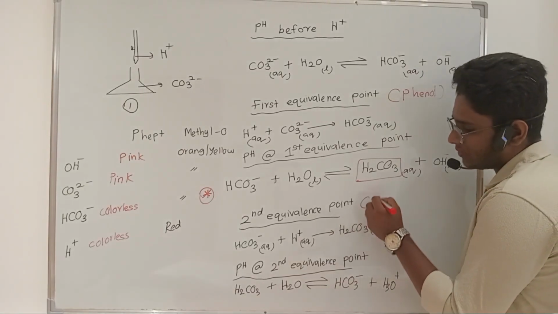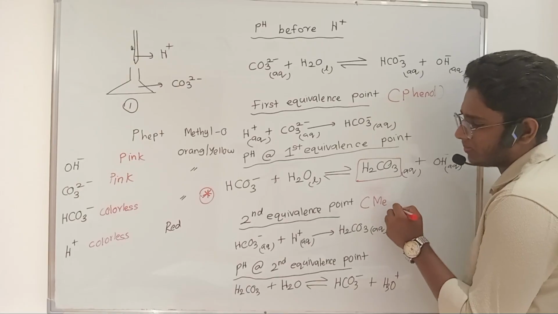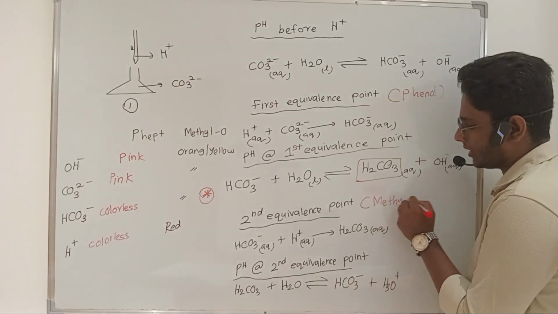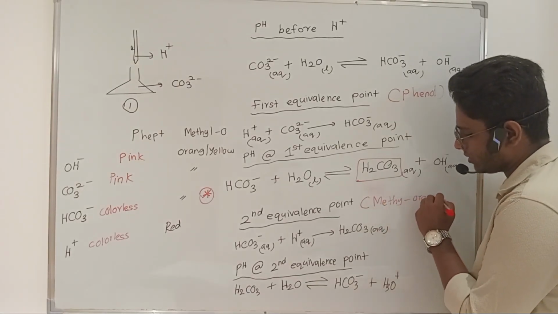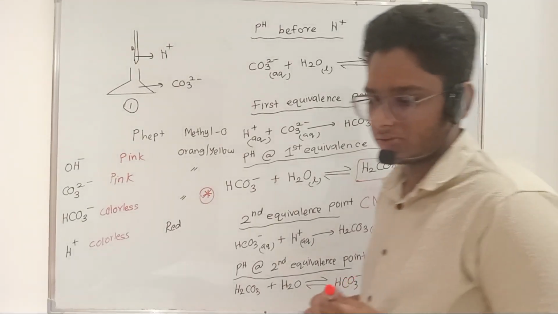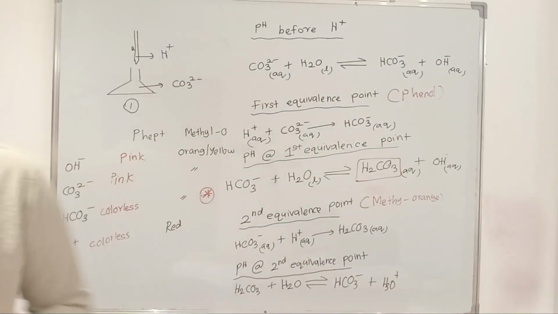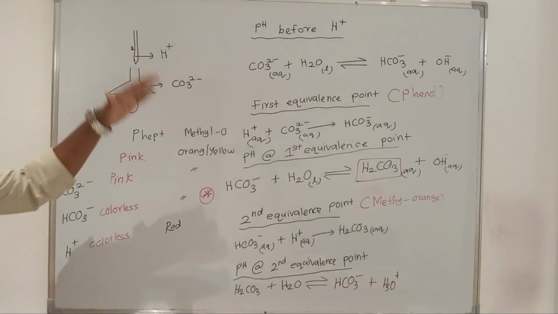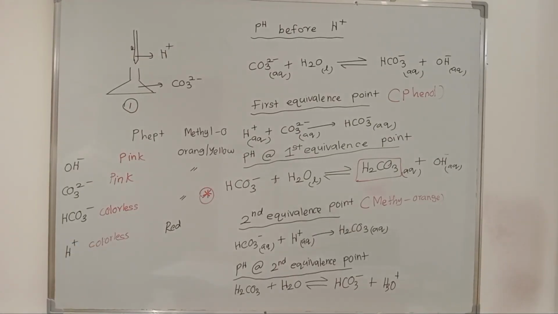So they can ask, what is the suitable indicator that you can use? Methyl orange, right? So remember that also. Then copy this down, we'll go into the question. Copy this down.